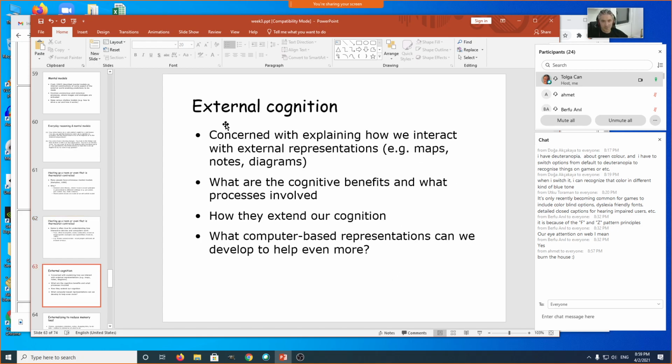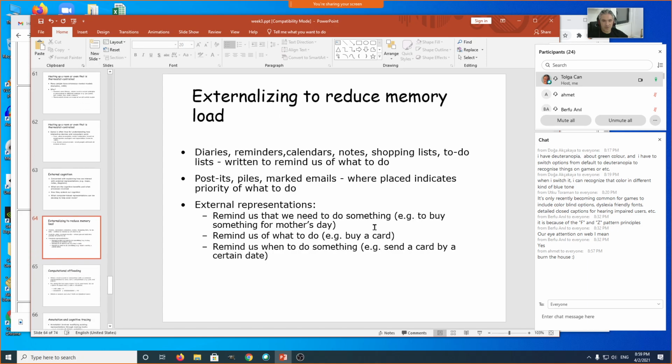There is also the concept of external cognition. I'm going to skip these, but externalizing to reduce memory load is important, like using calendars on Gmail. I use Google Calendar a lot to reduce my memory load. I don't need to memorize what I'm going to do next week because I externalize my memory load to somewhere else.